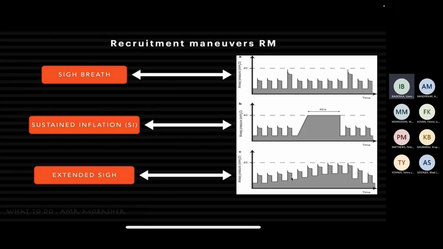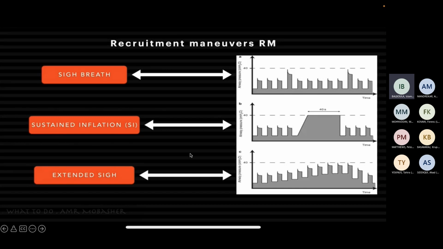For example, we can increase the PEEP from 15, then 20, 30, up to 40 or 45. Then we can go down slowly. So we can give the recruitment maneuver over a longer period of time. It needs some time to be done, and it's more physiological than the sustained inflation.